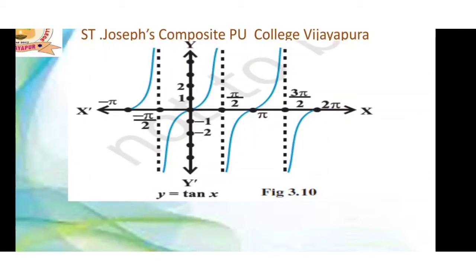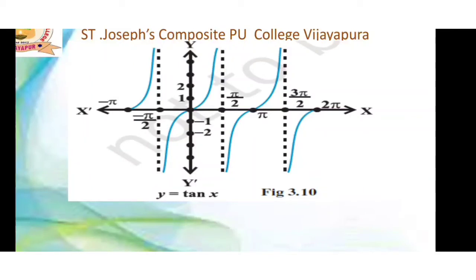And the tan x is sin by cos. The domain of tan x will be the set of all real numbers except the odd multiple of pi by 2, because the cos x function gives you the result 0 when we have the input as an odd multiple of pi by 2.